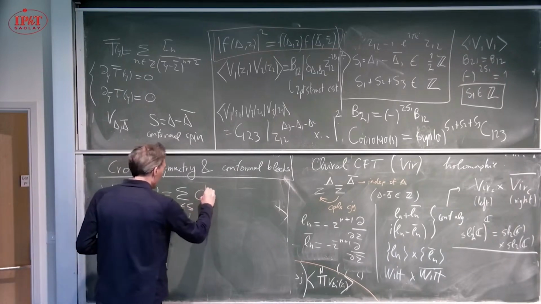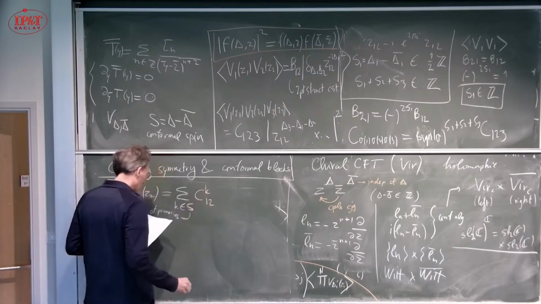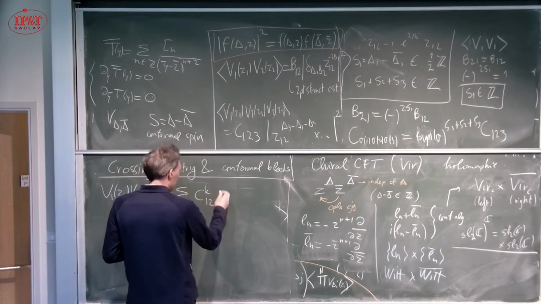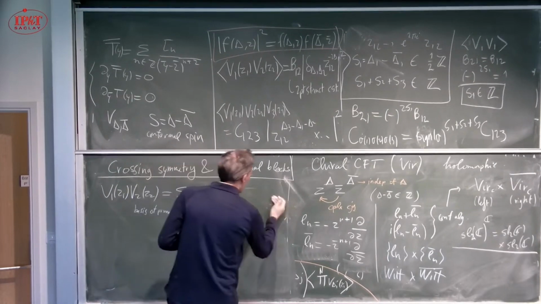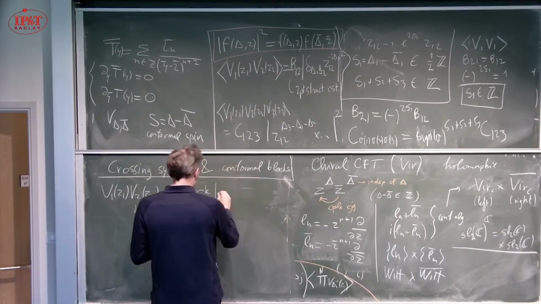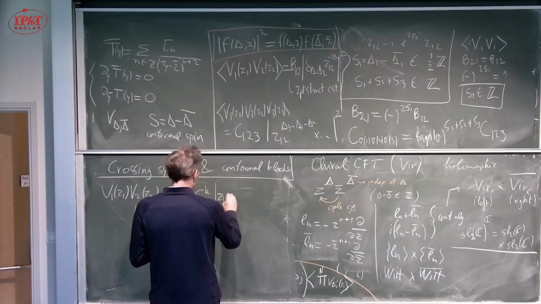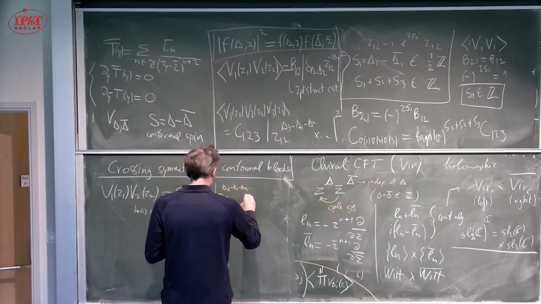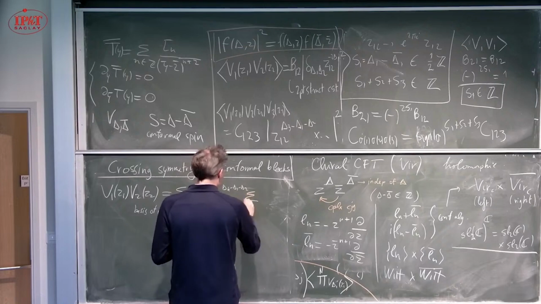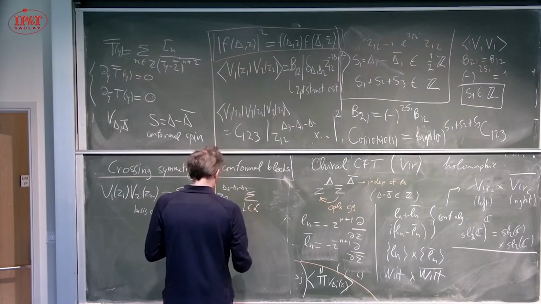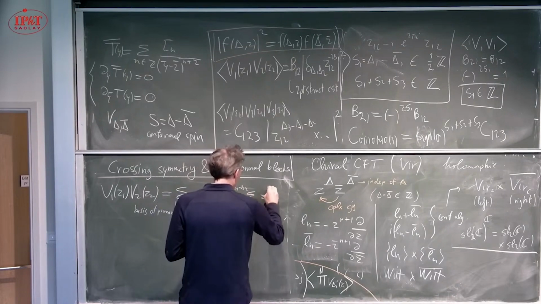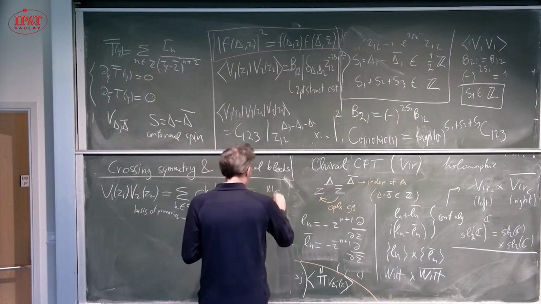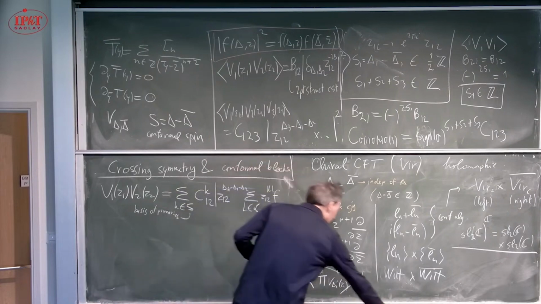I have a structure constant C_k12, and then I have some things which are fixed by conformal symmetry. So z12 to the power delta_k minus delta_1 minus delta_2, sum over descendants, z12 to the L, F, the OPE coefficient.